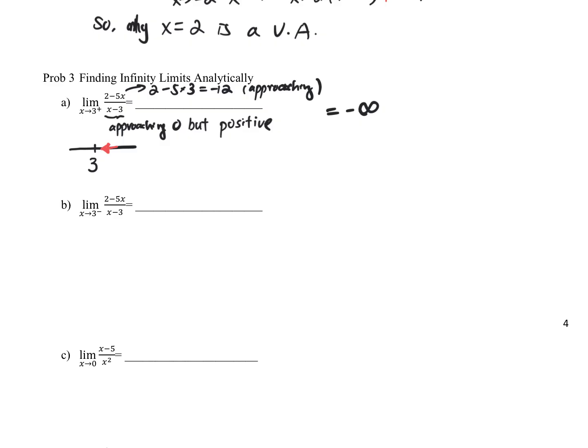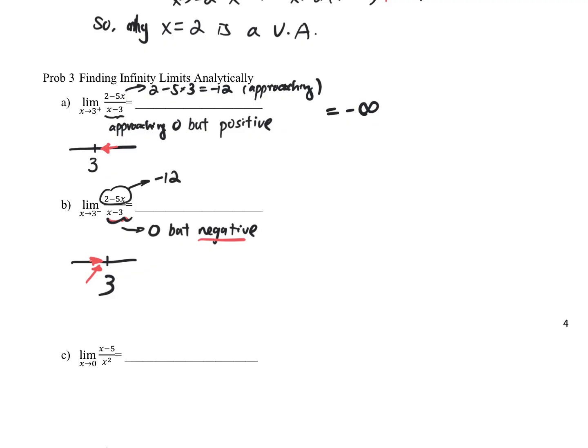Similarly, for the second one, exactly the same function, but this time x is approaching 3 from the left, meaning x is somewhere here. And because x is less than 3, to the left side, this number should be approaching 0 but with a negative sign, right? So here I'm going to say this approaching 0 but negative. And here this is still approaching negative 12.